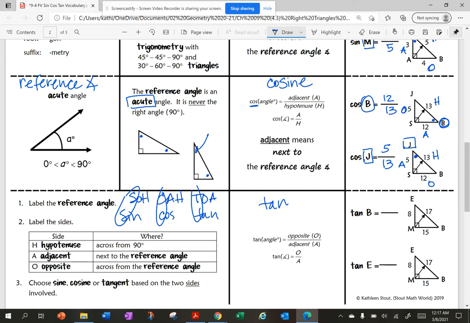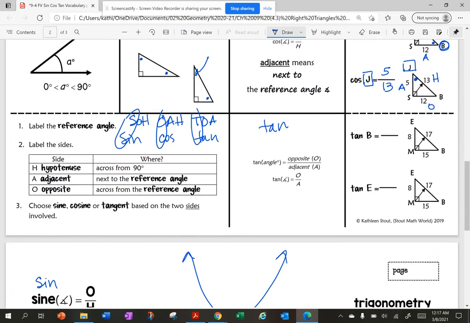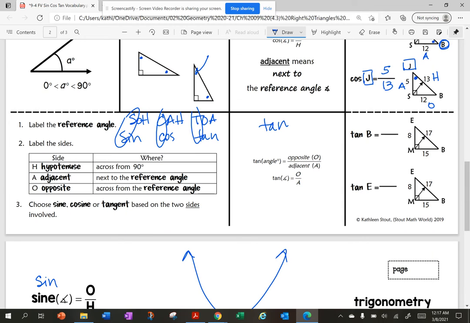So the third combination of the ratio of my three sides is called tangent. And we abbreviate it as TAN, but we still say the word tangent. If I chose angle B as my reference angle, this angle, I would label 17 as my hypotenuse because that's across from 90.